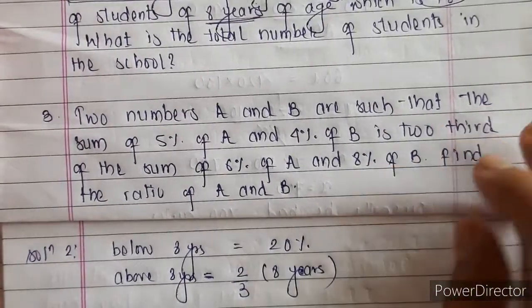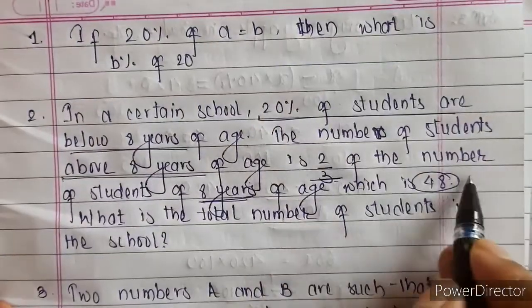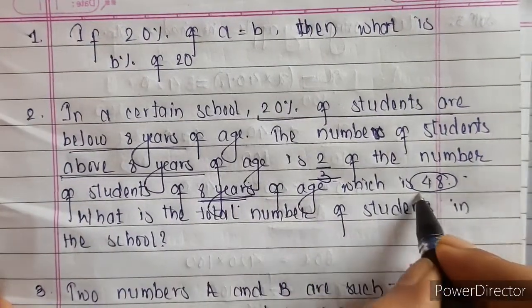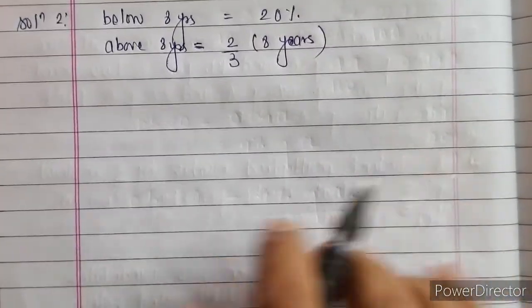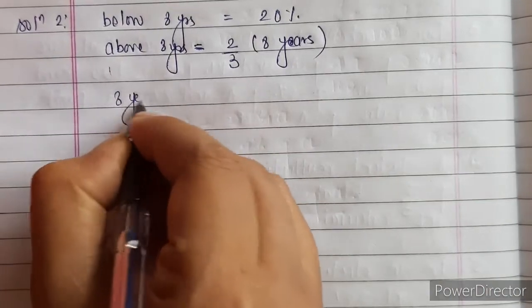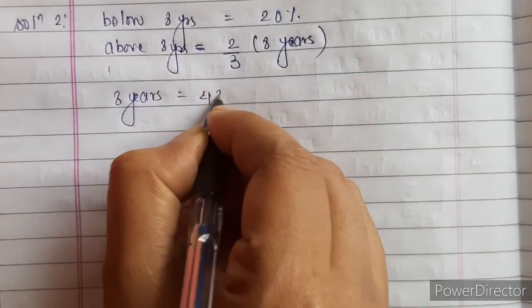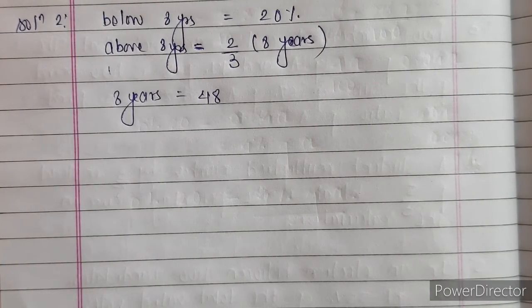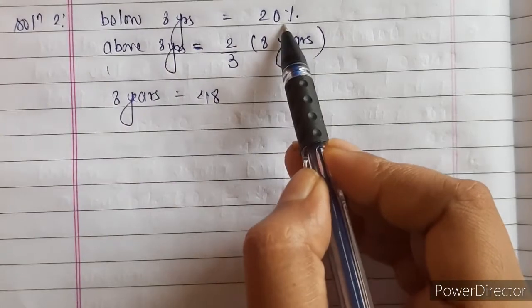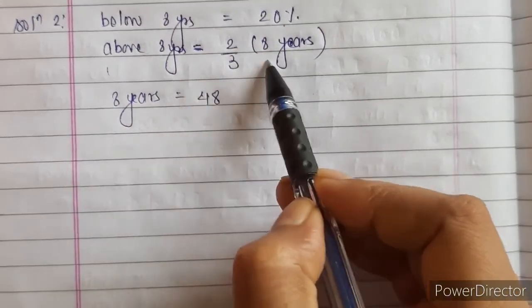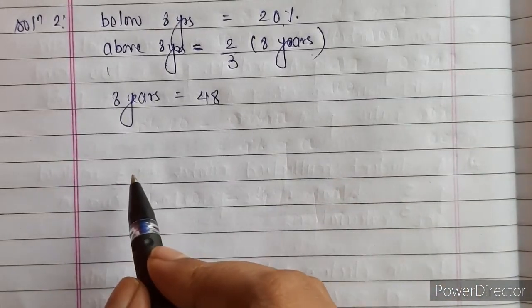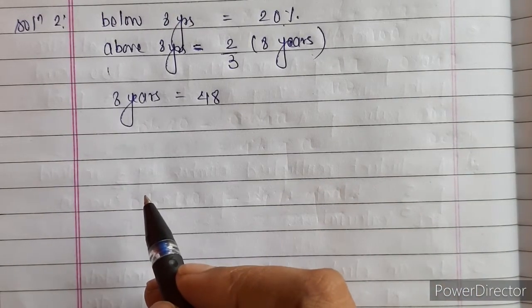It is 2/3 of the number of students of 8 years. And how many do we have of 8 years? 8 years are given as 48. So we have 48 students who are of 8 years. Below 8 years, 20%. Above 8 years is 2/3 of 8 years. Right? So we have to find the total number of students.